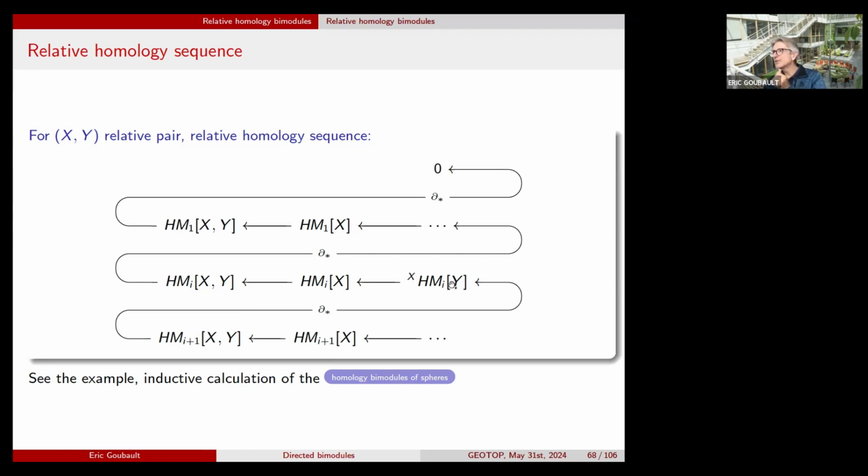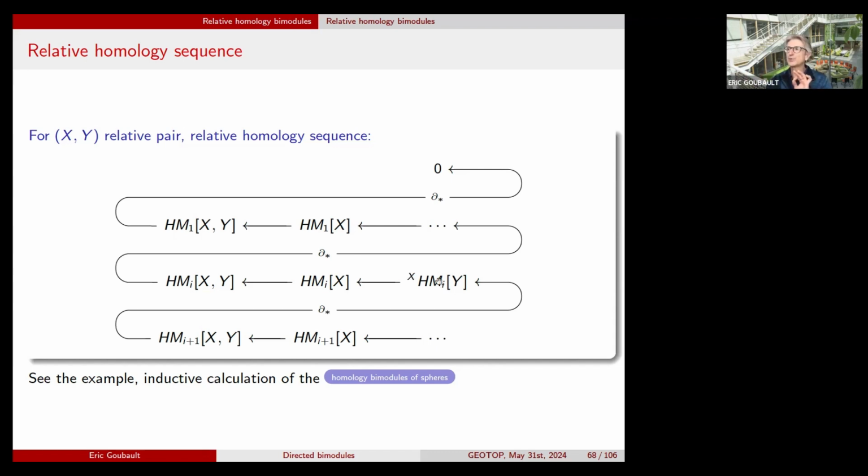But you have to take the homology module of Y, the smaller space, but extended with coefficients in the bigger path algebra of X. That's the only difference with the classical one.